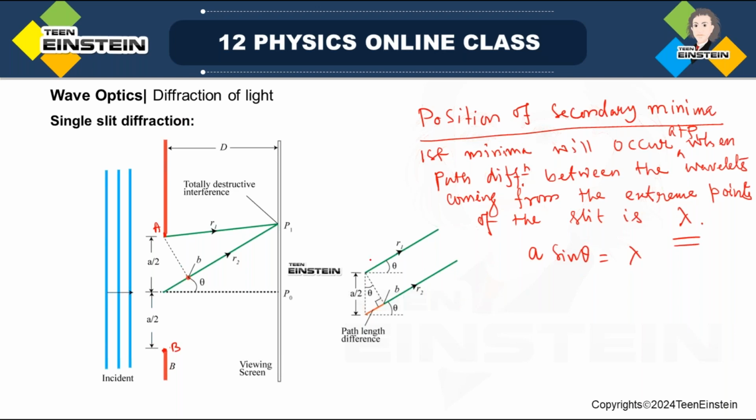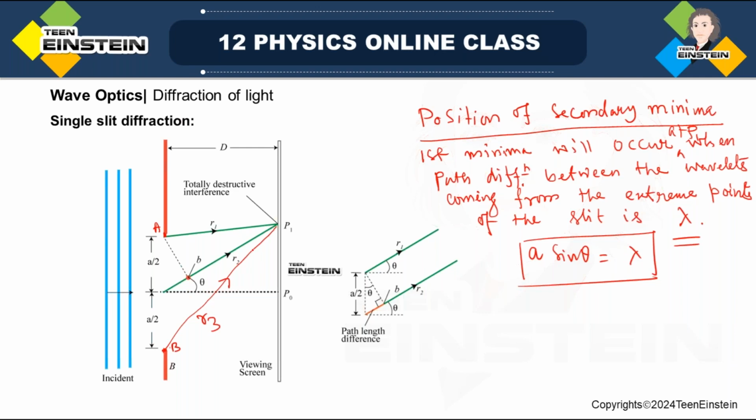Let me justify why this P1 will be dark if this is satisfied. If the path difference between ray R3 and R1 is lambda, then it will be a dark fringe. How?